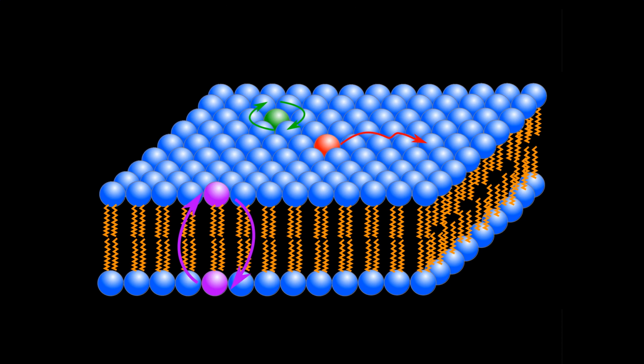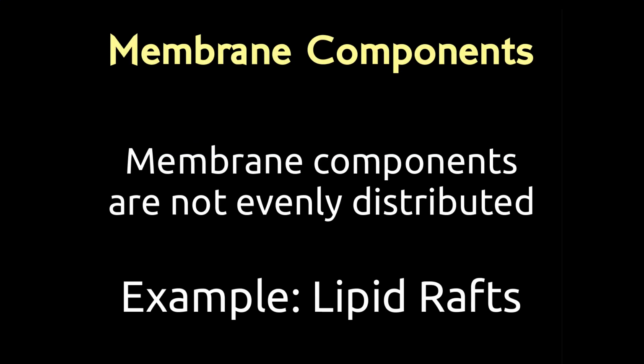Things don't just diffuse through the membrane until everything's equally distributed. In fact, we actually have heterogeneous patches in the membrane, things being held in certain locations for good reasons. And let me give you one example of that, and that would be lipid rafts.